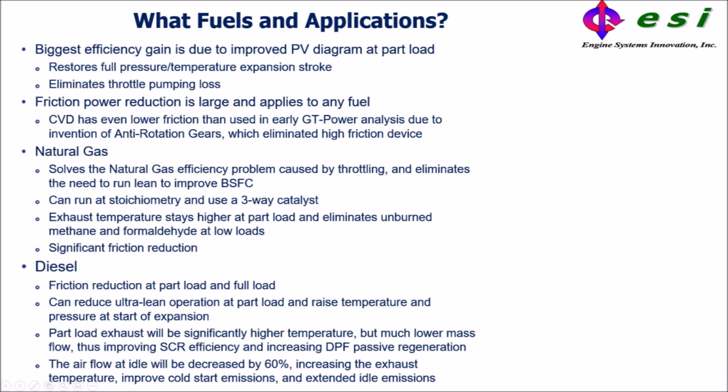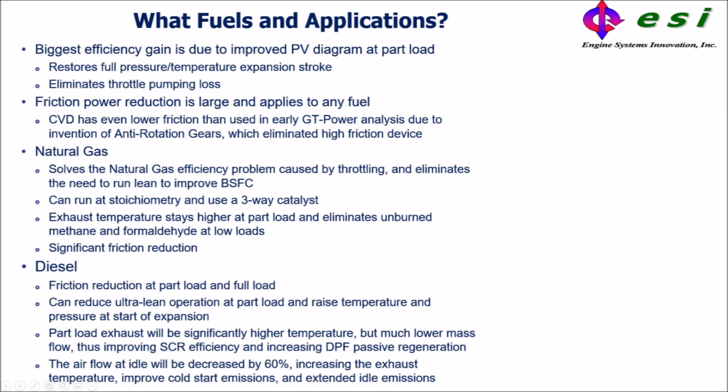And for high power applications such as medium duty or heavy duty trucks, a turbocharger and intercooler can be added, plus cooled EGR to reduce maximum exhaust temperatures for increased durability and lower material costs. Diesel is really a different story since diesels are typically unthrottled. The CVD would bring much lower friction due to the roller bearings and reduced piston thrust load.